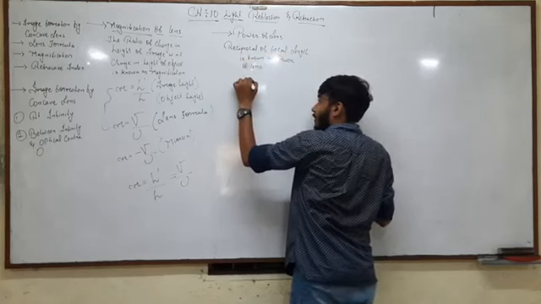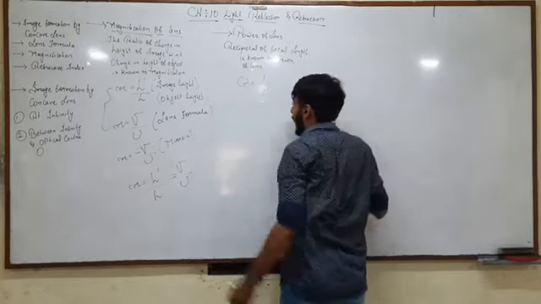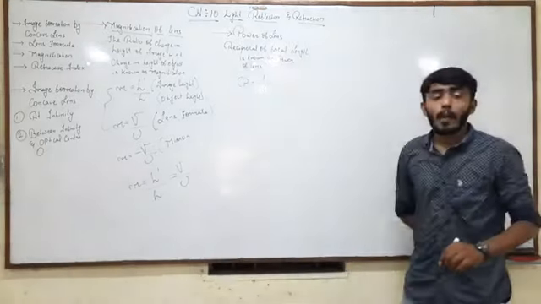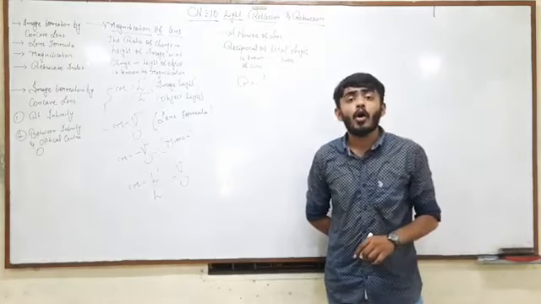It is denoted as capital P and the formula will be 1 upon f. So power of lens is equals to 1 upon f.